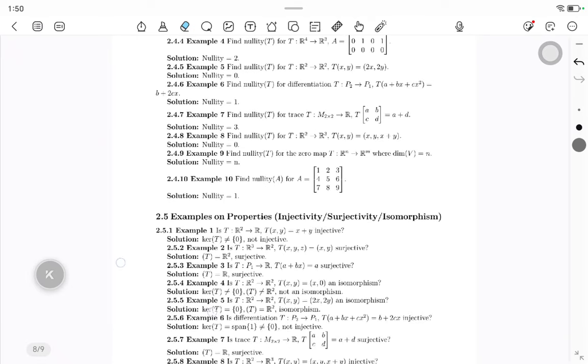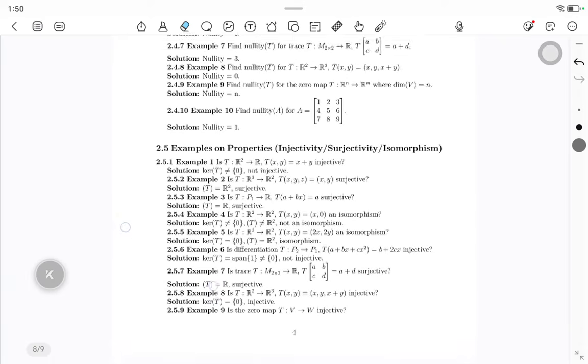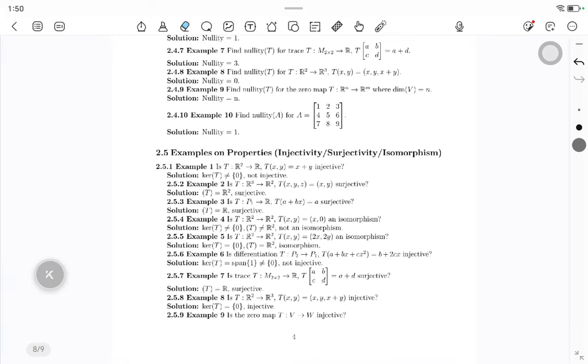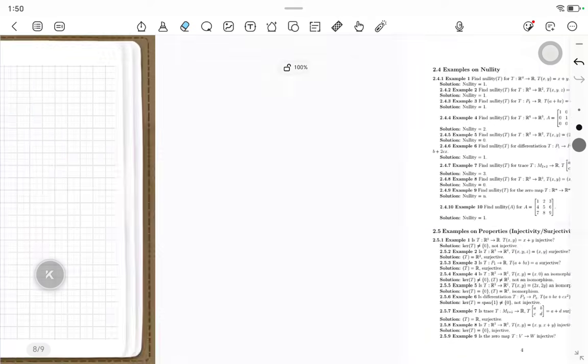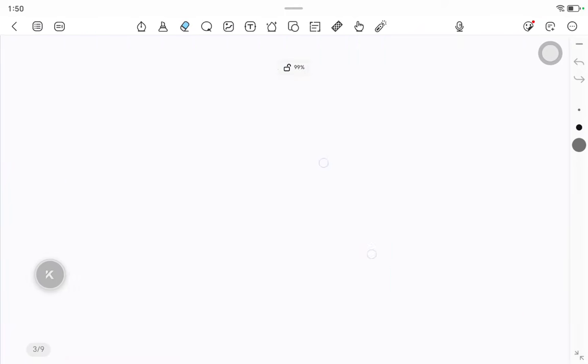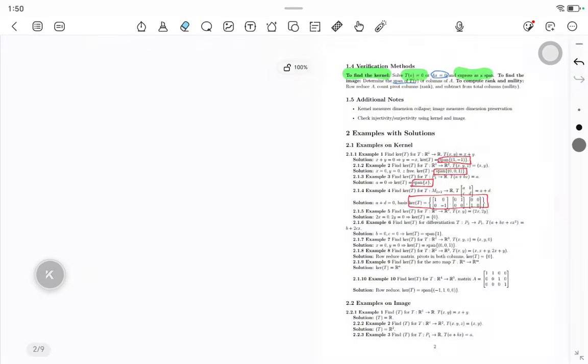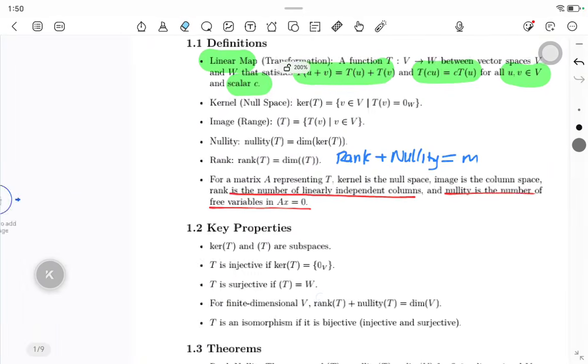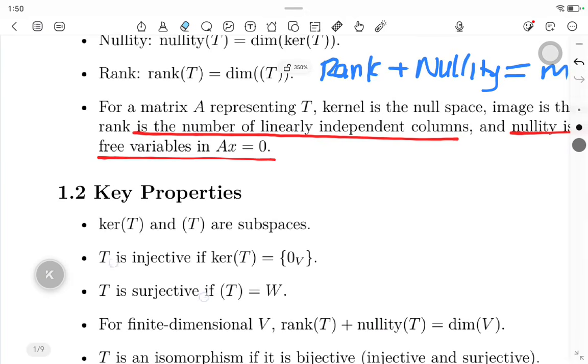Guys, please try to do these ones on injective and surjective. I've already shown you how to find the kernel and the image and so on. So what you can do here, just come and look at this, what I gave here. T is injective if the kernel is 0.